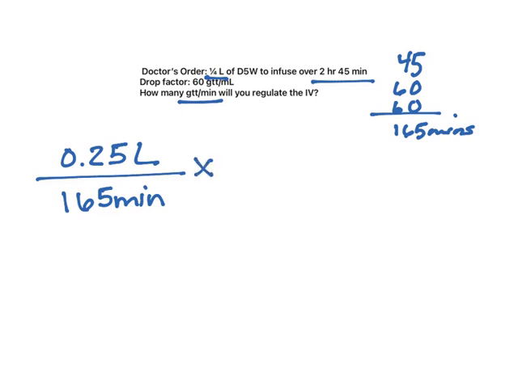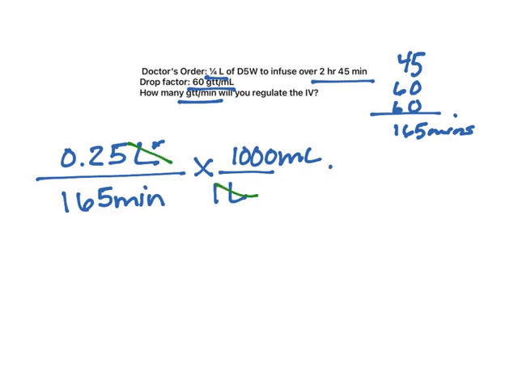All right, so our answer needs to be in GTTs per minute. We're currently in liters per minute. So we need to cancel out our liters. But do we have liters in our problem? No, we have mLs. So we've got to go from liters to mLs. We know that 1 liter is 1,000 mLs. All right, so then liters cancel out.